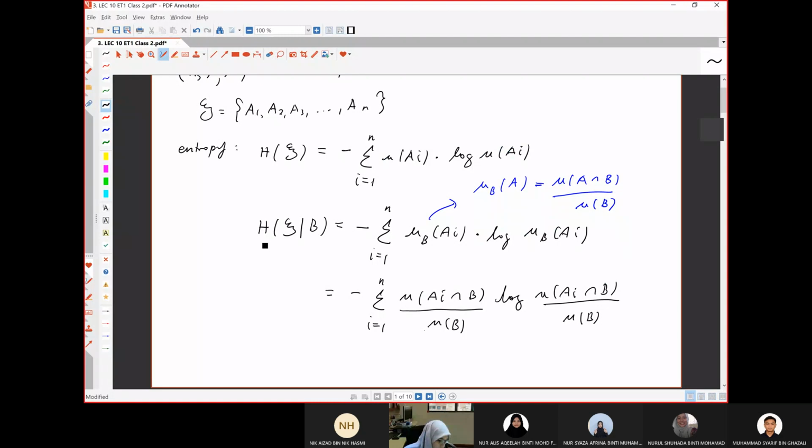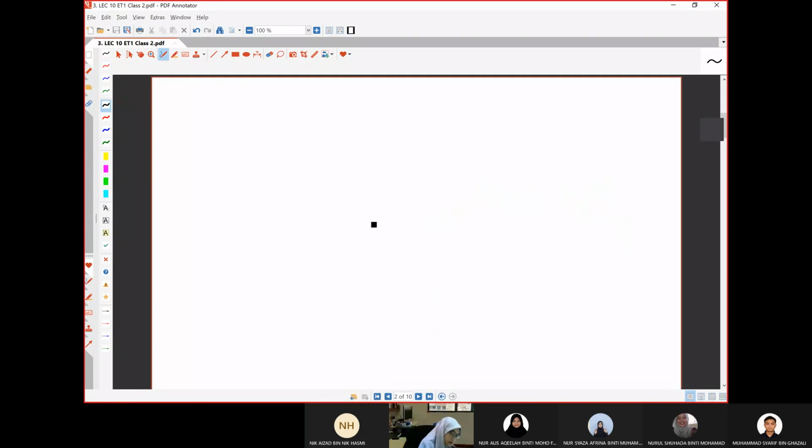Okay, next we consider the third formula, which is the entropy of the partition with respect to the second partition eta. To get this entropy, we have to find the average.